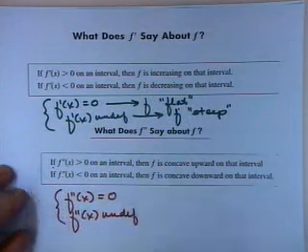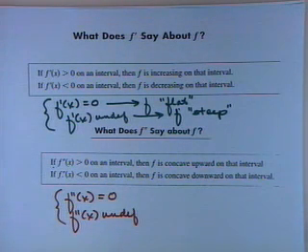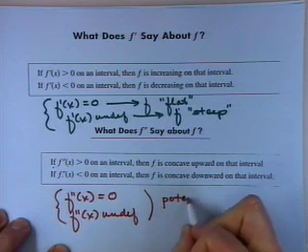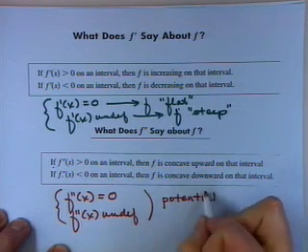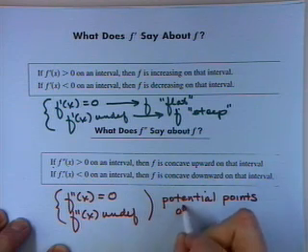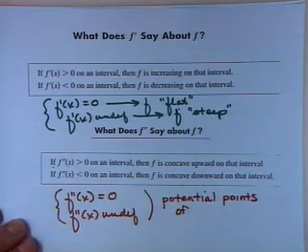We'll also want to find out where the second derivative is undefined. And once again, it might be in transition from being concave up to concave down, or vice versa. So these two places, we'll call those potential points of, what's that other word I'm going to write down?